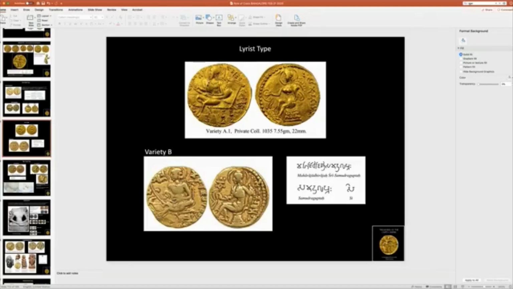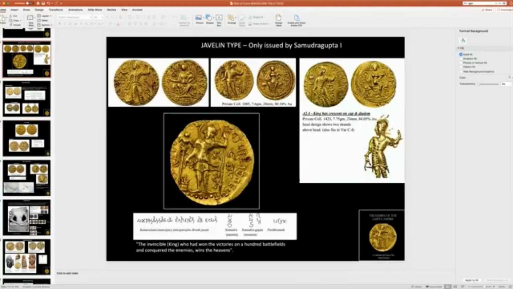On this Lyrist type coin, it's very important to note that the king is always shown as an older man. See, he's a middle-aged or an older man. We never see a Lyrist type coin where the king is shown as a young man. Here, see, he's a young man. He's shown as a young man ready for battle.